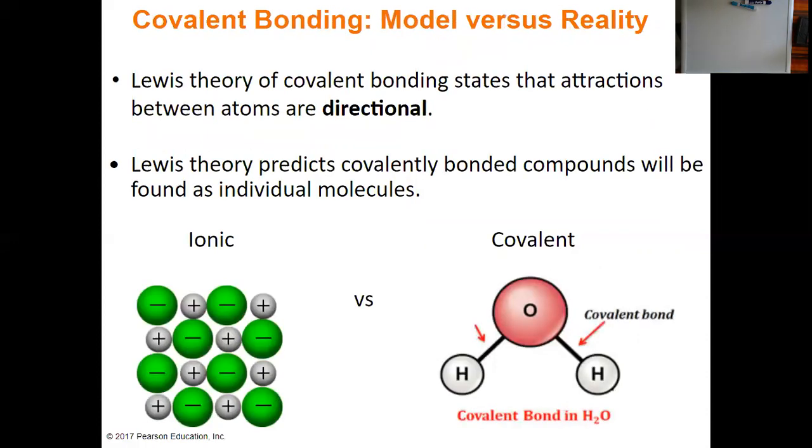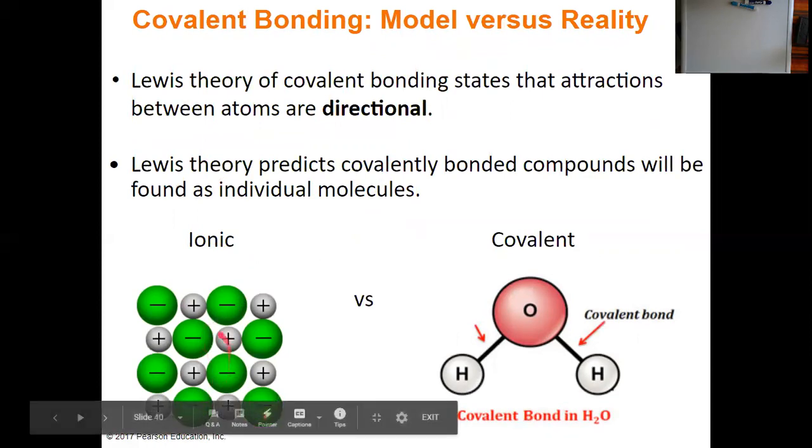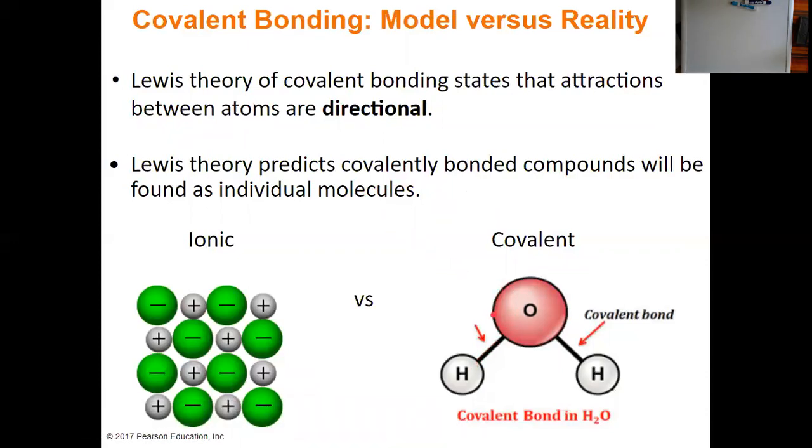Another difference between ionic and covalent bonding is that the bonds between atoms in covalent bonds are directional. Okay, when we talked about the ionic attractions, those were non-directional, right? They were happening in every direction. But covalent bonding is directional bonding.